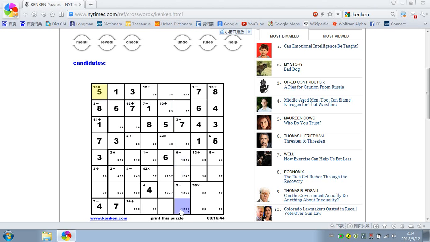So you cannot have 2 here. And you cannot have 1 because there are no 6. So 1 has to appear here.